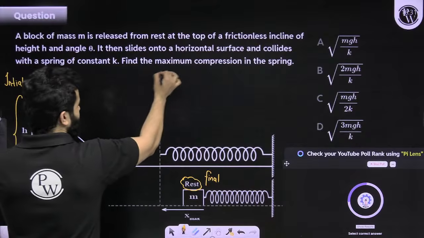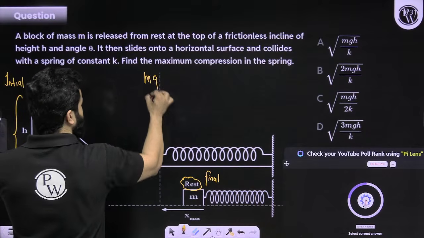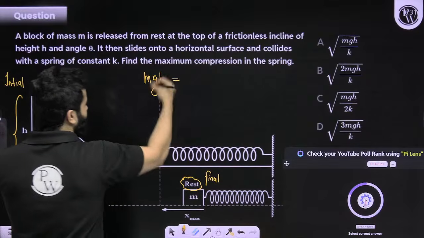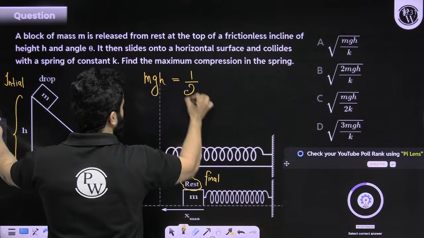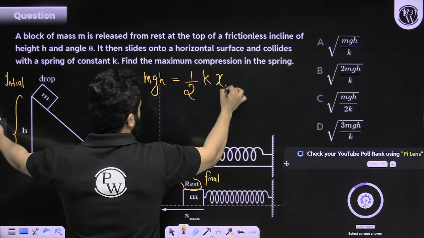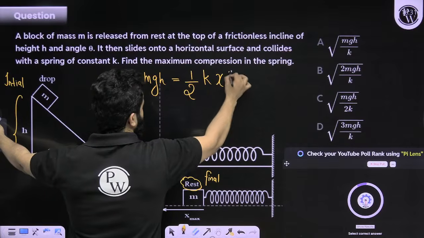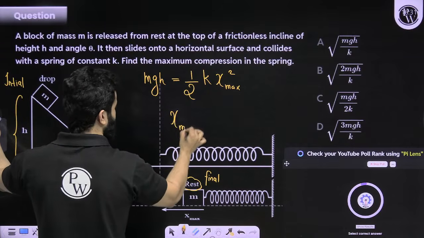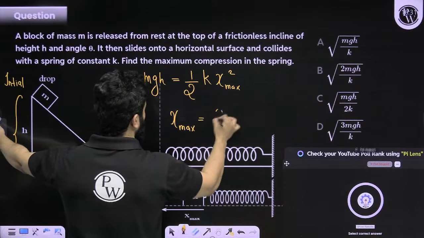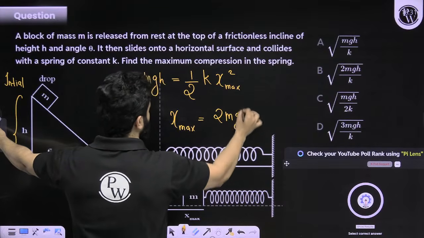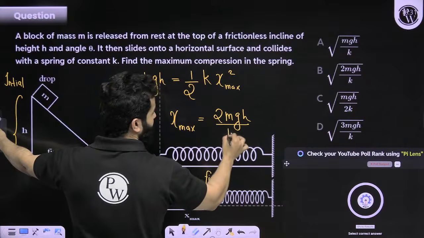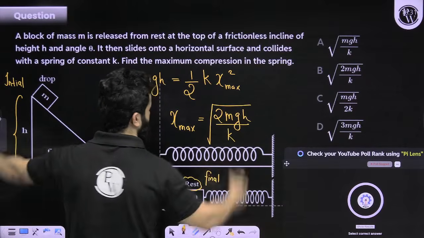So initial energy is mgh, and that will be simply equal to half kx square. And this is your maximum compression. That's it. So maximum compression will be under root of 2 mgh divided by k.